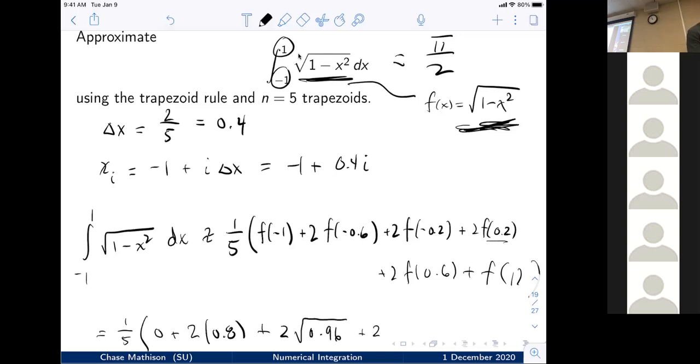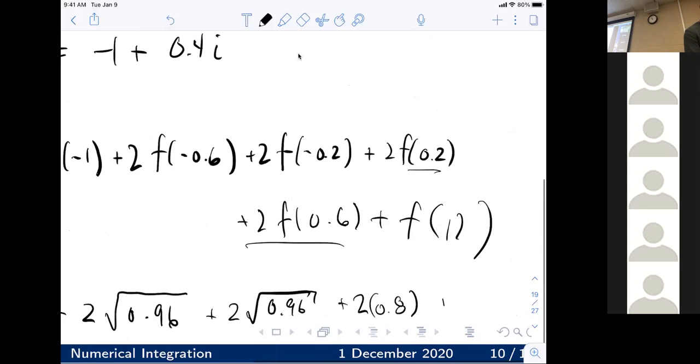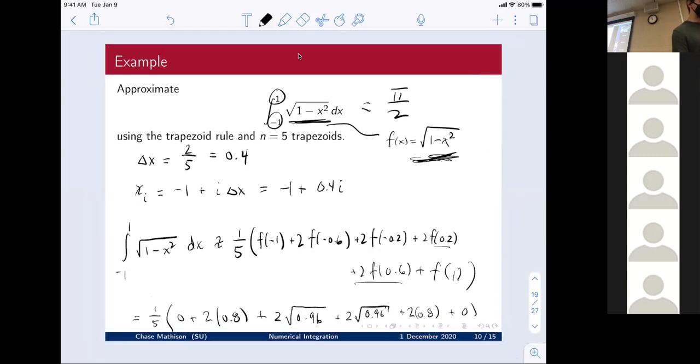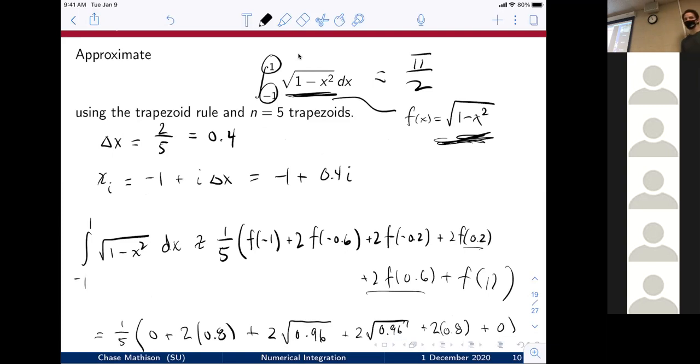So I'm going to get 2 times the square root of 0.96 again. f of 0.6 is the same as f of -0.6. So I'm going to get plus another 2 times 0.8. And f of 1 is 0 again, right?